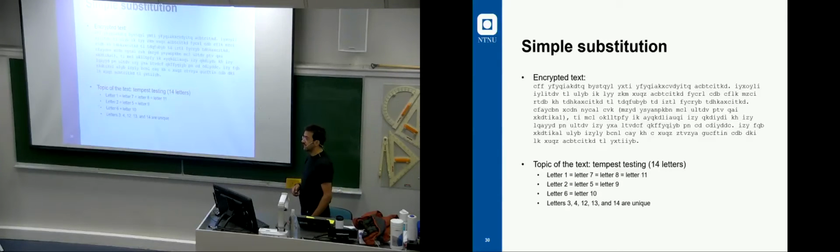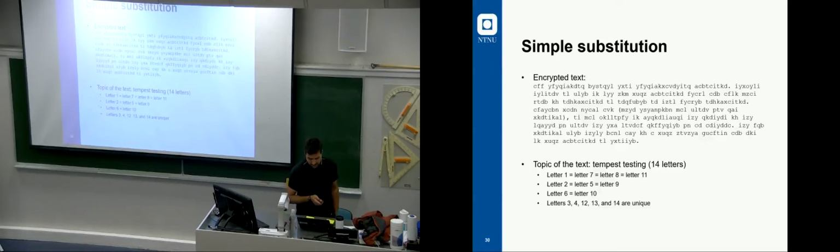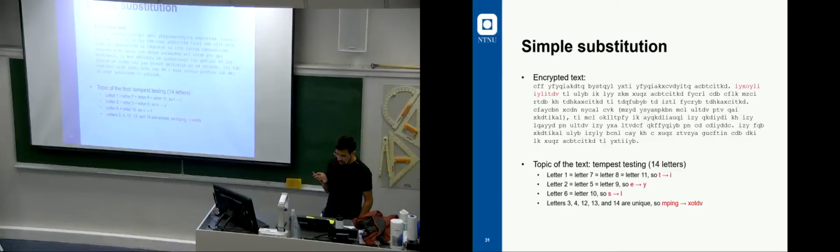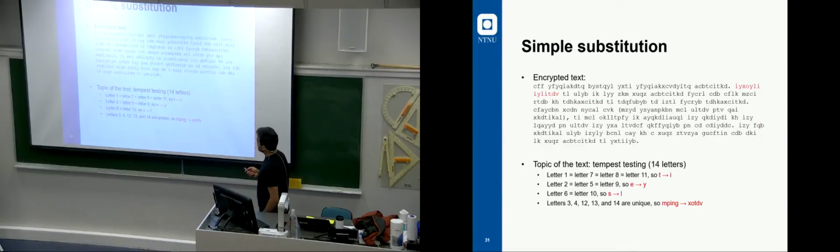What it says is that if we have a pattern, like we have tempest testing, we found that here T and I have been replaced in the actual ciphertext, which you can see: IYXOYLI something.